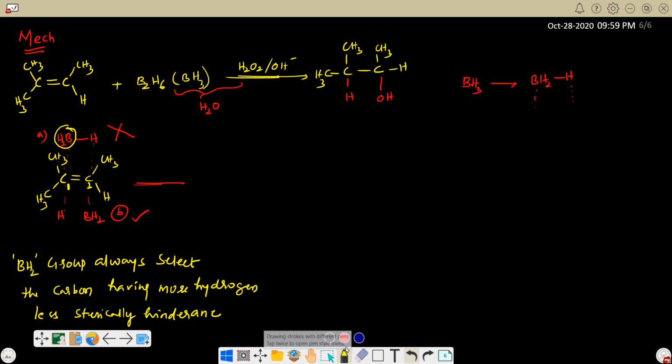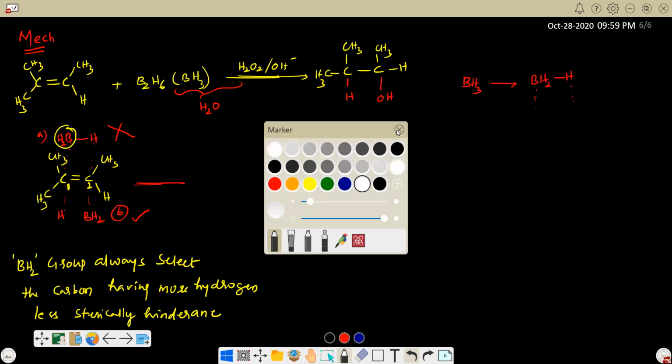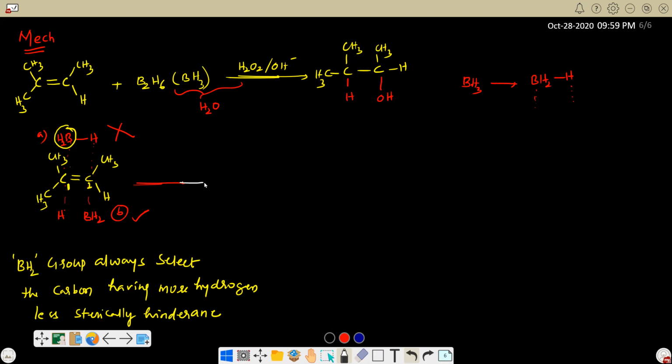So what is the product here? Both add simultaneously, syn addition. Syn addition means the two groups attack from the same side. So we get it like this: CH3, CH3, CH3, hydrogen is there already, now this is hydrogen and BH2.